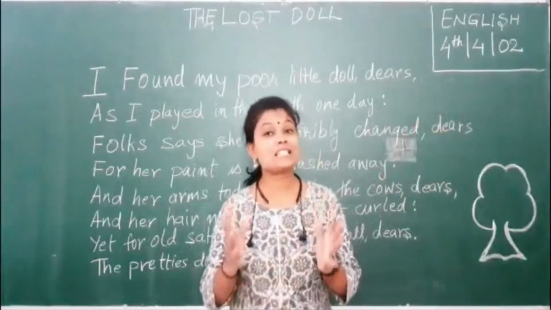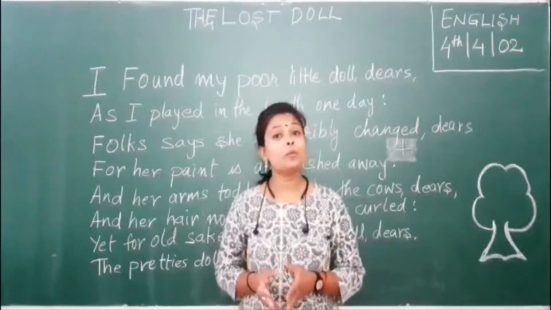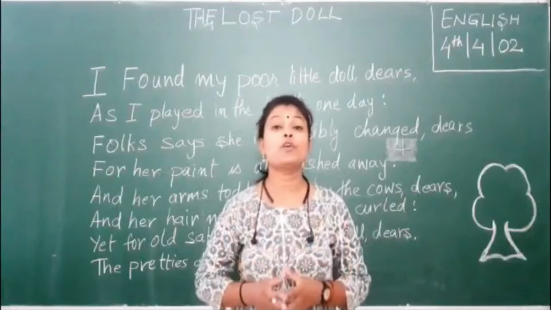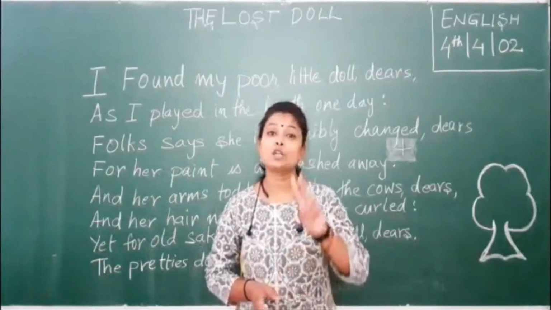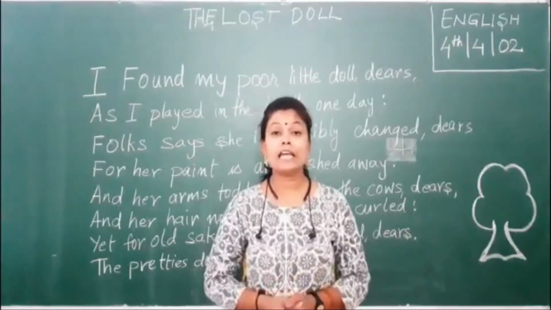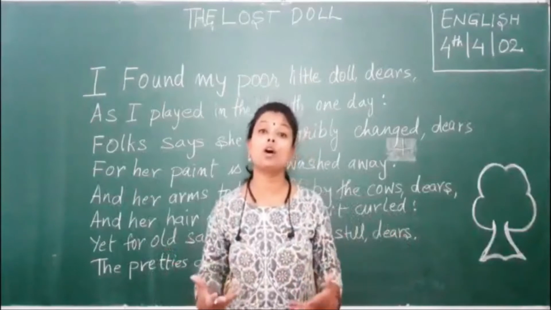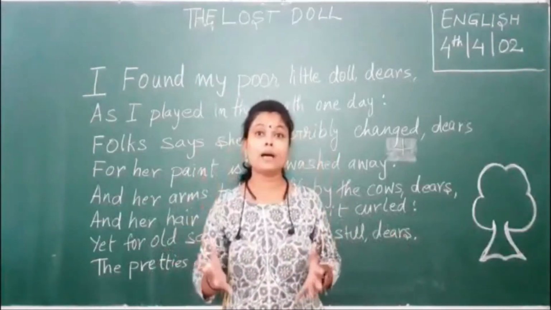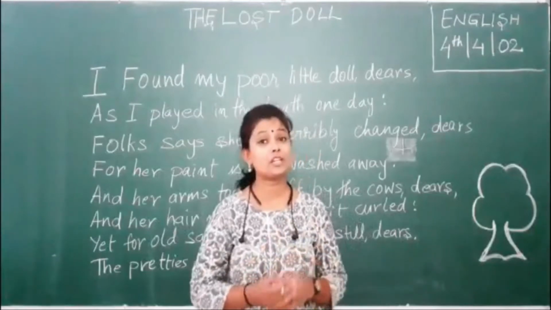So, not wasting much of our time, let's continue our poem. A day before, in the last lecture, what did we do? We completed its 2 stanzas and it was very interesting. So let us recall what we did in our previous lecture.